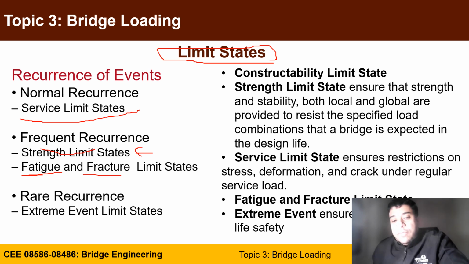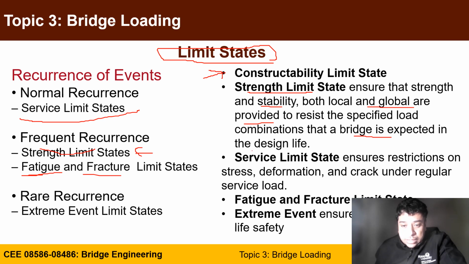So you will have the constructability limit state, which is a limit state during construction. You will have the strength limit state, which is to ensure strength and stability, both local and global, provided to resist specific load combinations that the bridge is expected to experience during its life.